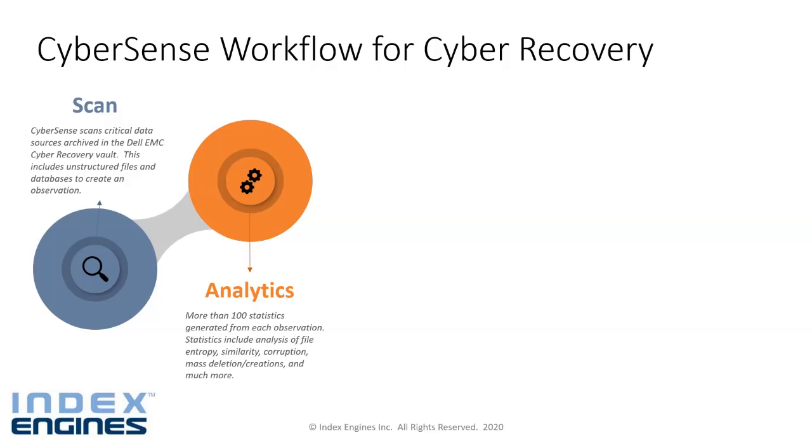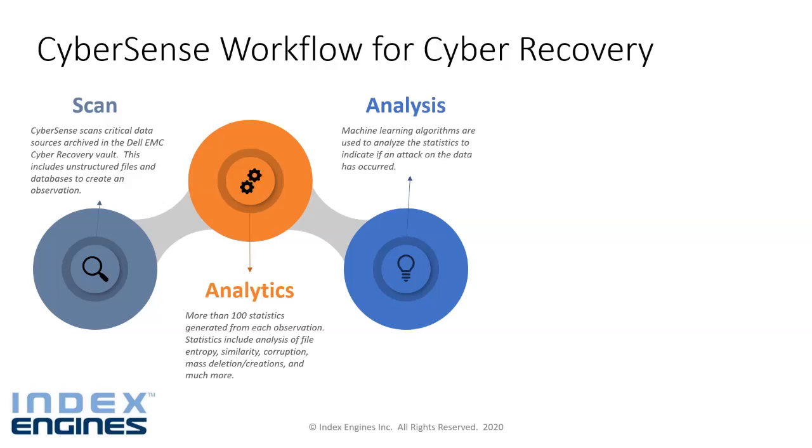So these statistics that include file corruption, mass deletion, mass creation, all sorts of different statistics, over 100, are fed to machine learning that's been trained on all the common malware and Trojans and ransomware that exist. So when it sees that PDF becoming encrypted and the extension being changed to .lol, it says, hey, I know that's an attack vector. So that's when it sends an alert.